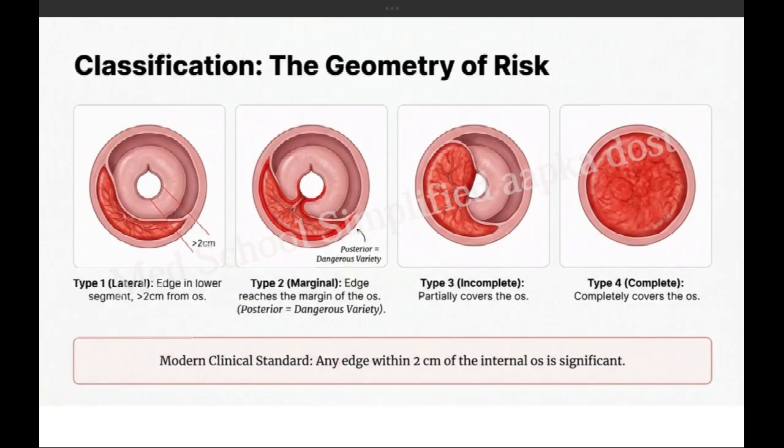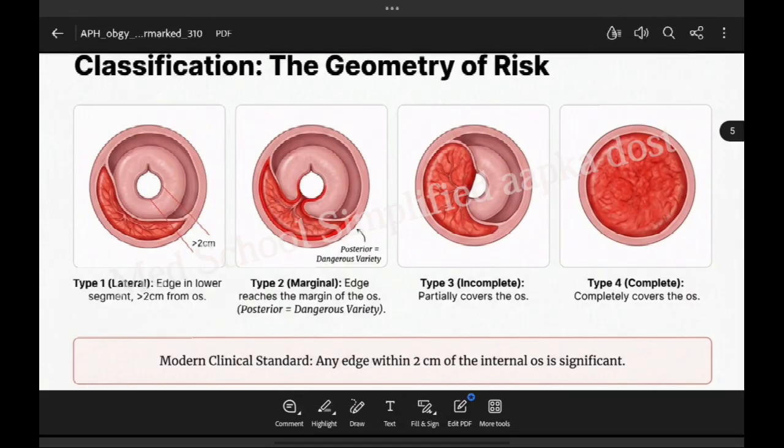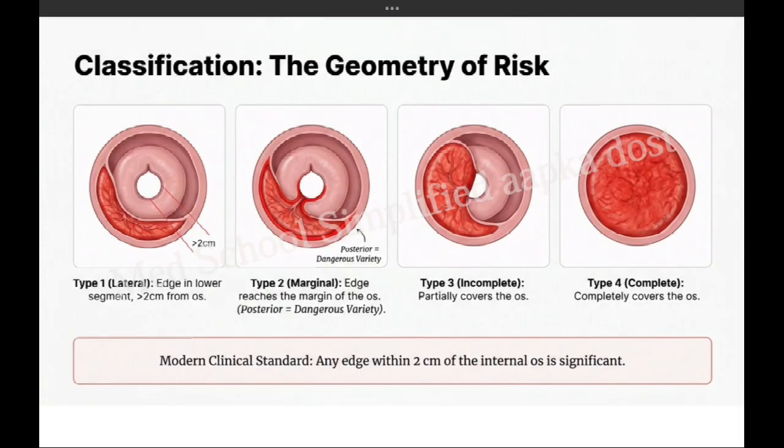In the posterior there is a dangerous variety, that's why it is called the dangerous variety. We have two os, external os and internal os. So here we are talking about the internal os. Type 3 is incomplete, that is partially covering the os, and type 4 is complete covering of the os.